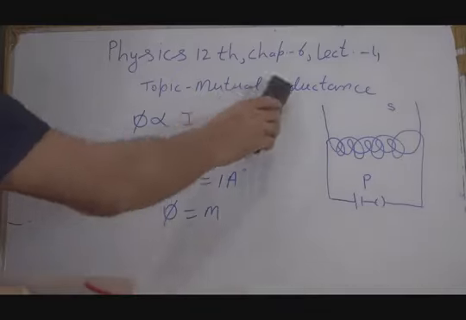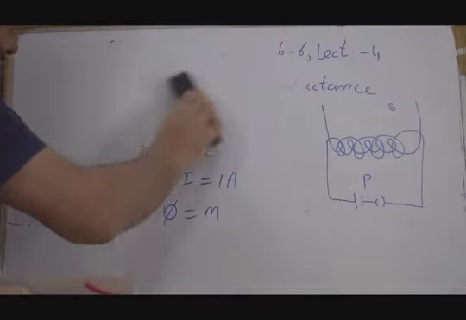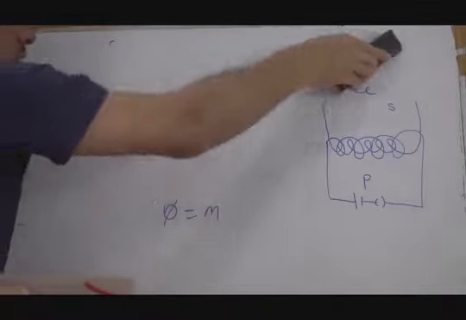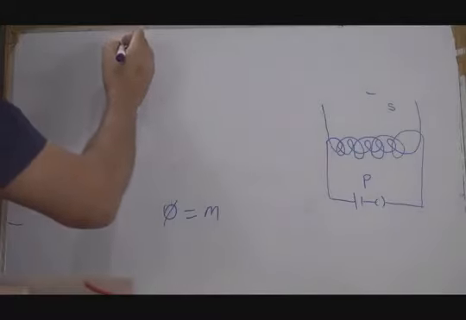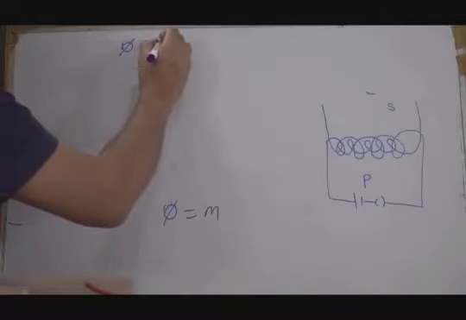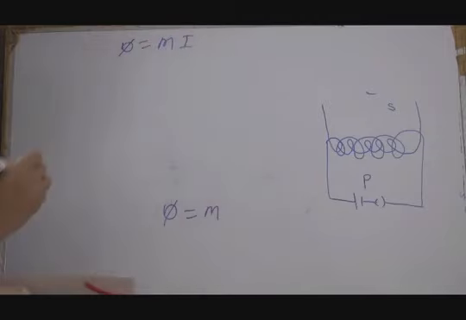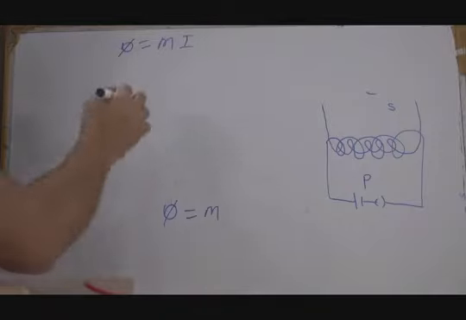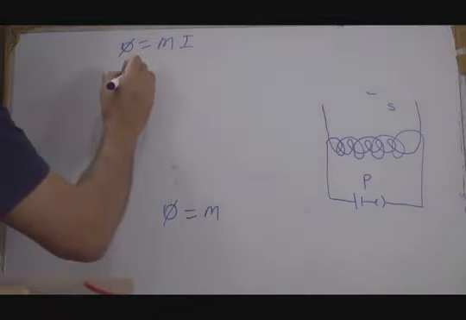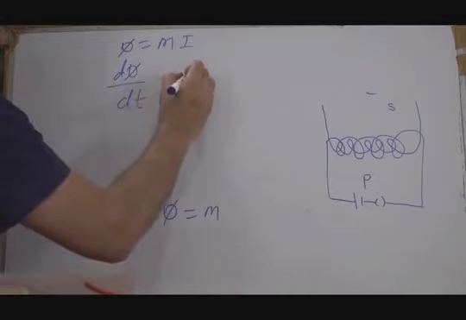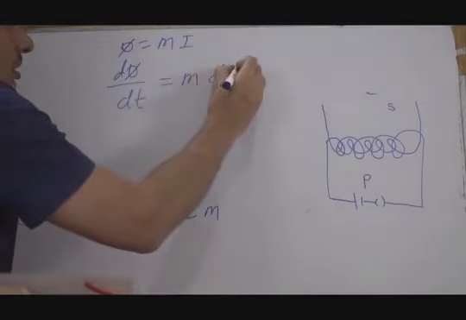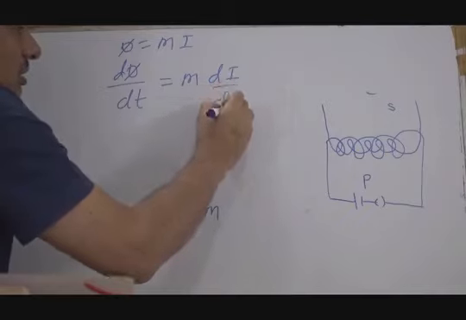Now, we know flux is equal to Mi. So now I will differentiate it with respect to time. So d phi by dt will be equal to M di upon dt.